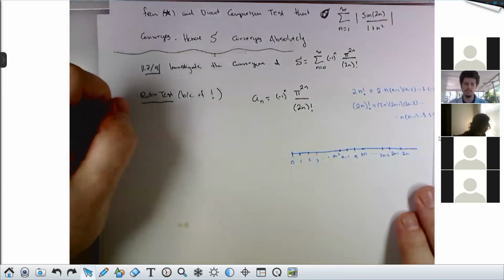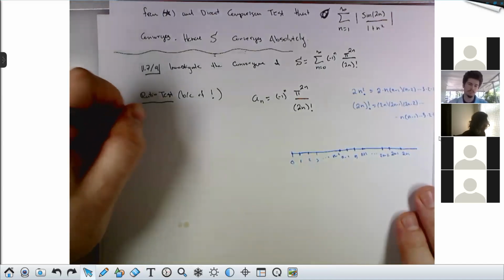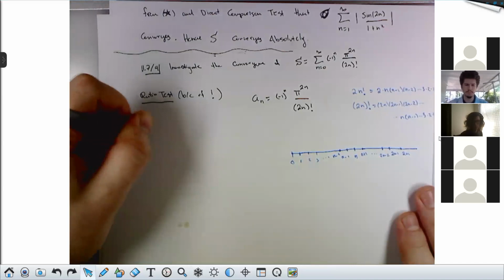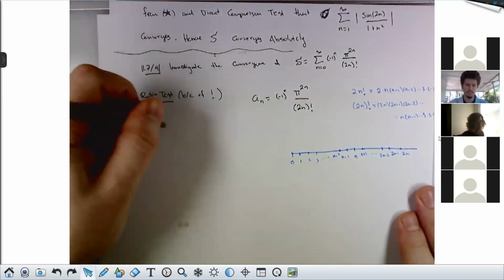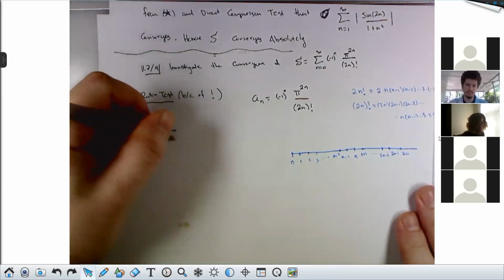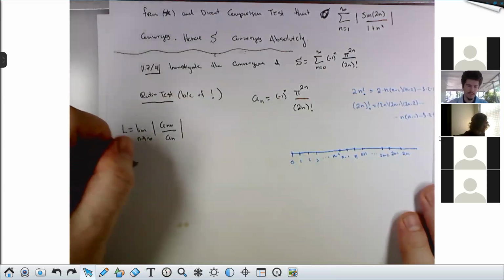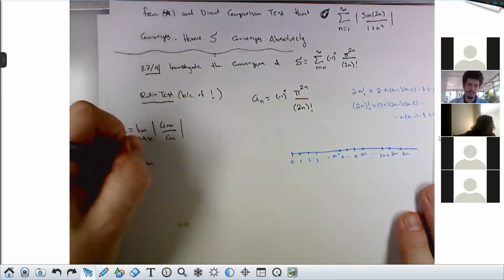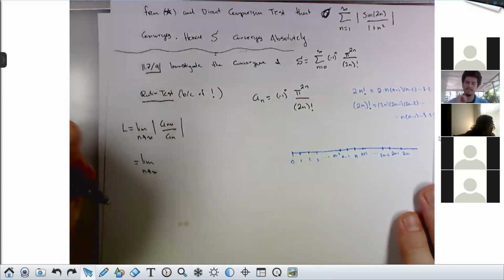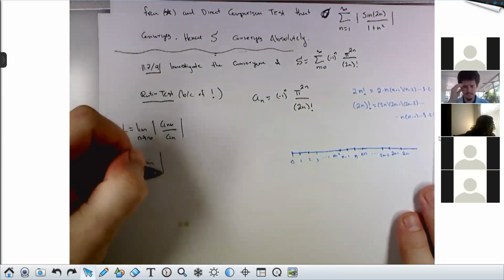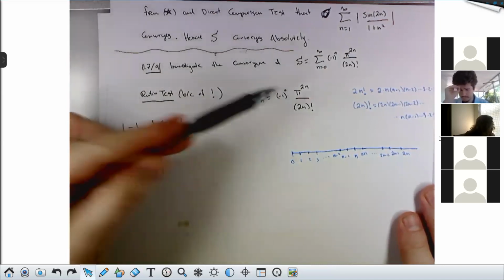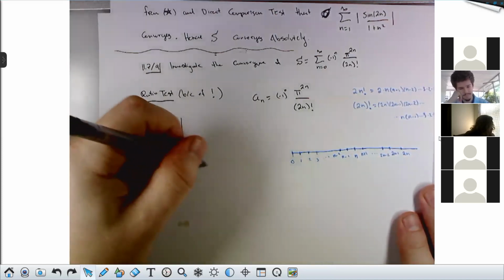So, ratio test. L is equal to the limit as n goes to infinity of the absolute value of a_(n+1) over a_n, which is equal to the limit as n goes to infinity. So I'll draw my big fraction.